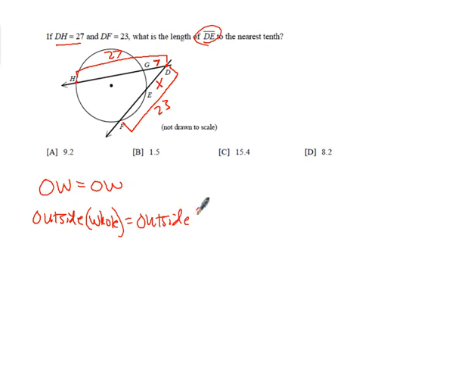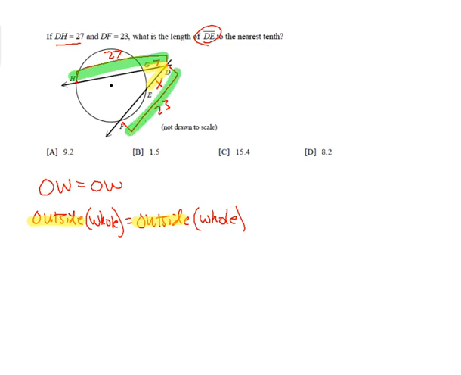You got it. Now let's look at what we're talking about there. The outside is just this little segment. Let me get my highlighter here. This is considered the outside, and that's considered the outside. It's the little segment that's on the outside. The whole is considered the whole length and the whole length.